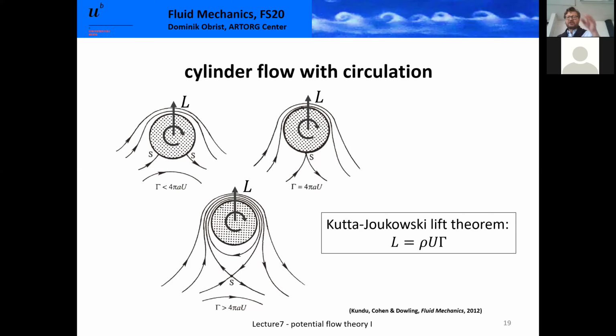It's straightforward to derive it for the cylinder, but it's a bit more complex to show it, but it can also be shown that it's the case for any closed object. Any closed object, if you know what the circulation is, you can immediately compute the lift force. So it's a really beautiful theory, and that's where potential flow theory works really, really well.